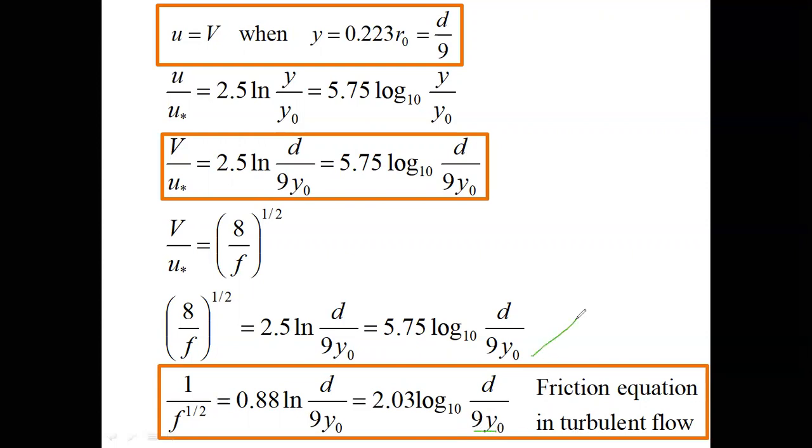We call this equation the friction equation in turbulent flow. Therefore, the friction factor f is a function of d and y naught in this case. It's also a function of Reynolds number. We will learn that later.